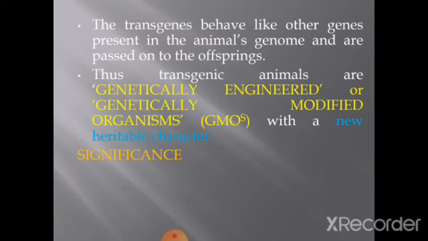Thus transgenic animals are genetically engineered or genetically modified organisms, GMOs. What is the speciality? They have new heritable characters incorporated into them. How did the new character come? By the gene which you have introduced. So this is what happens during the process of transgenesis.